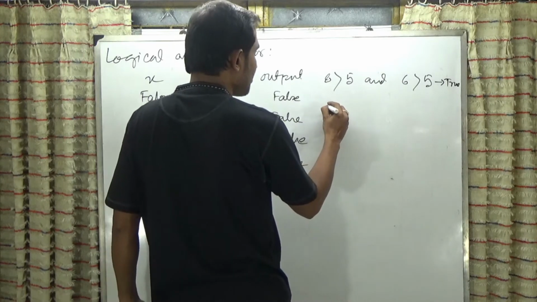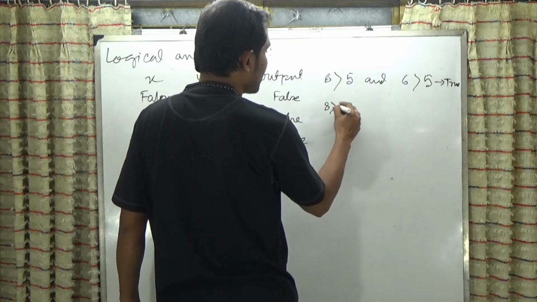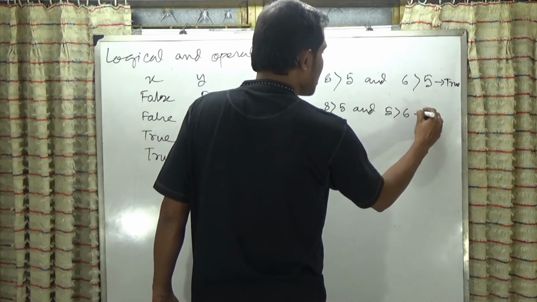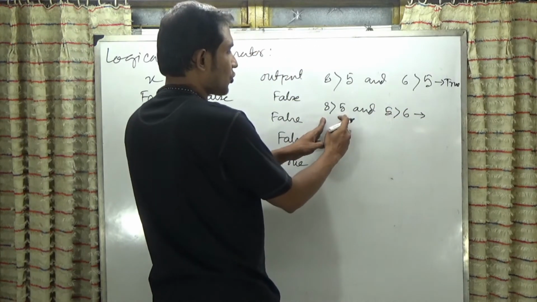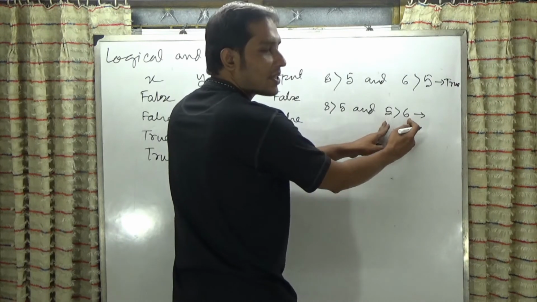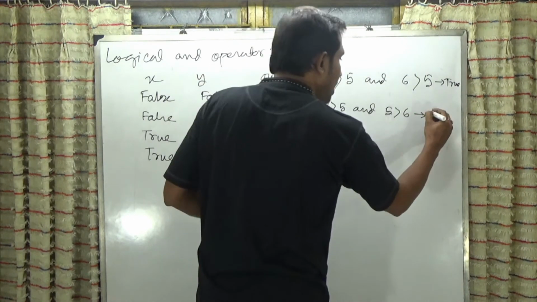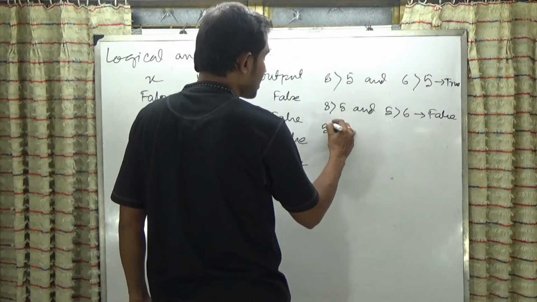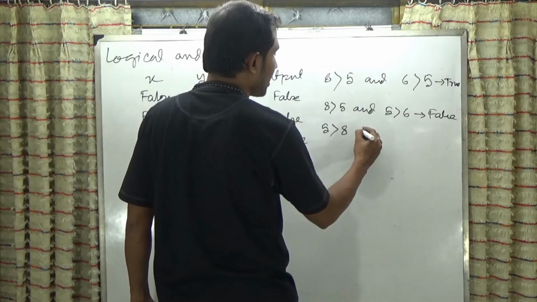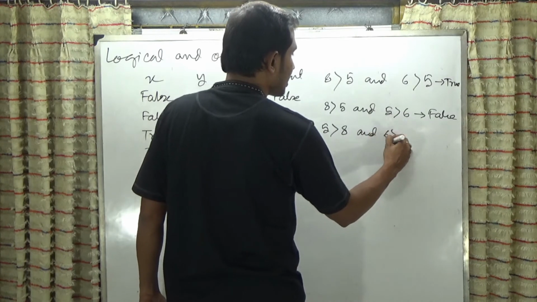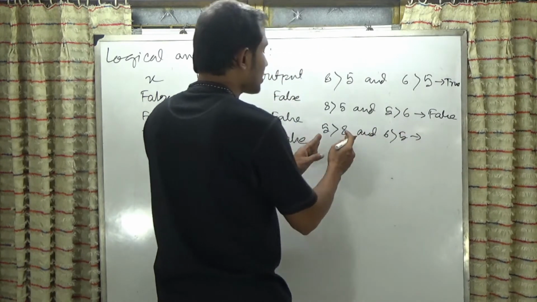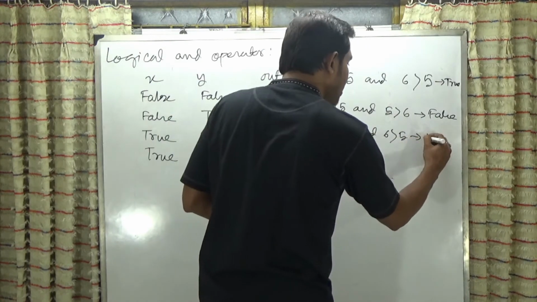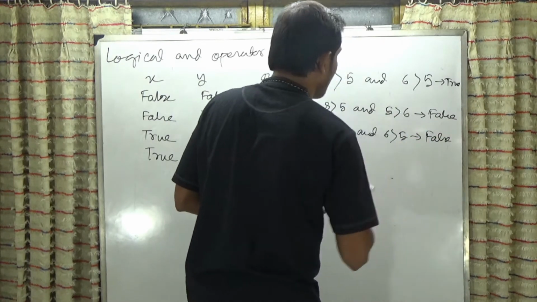Now if I write 8 greater than 5 and 5 greater than 6, the first condition is true but the second condition, 5 greater than 6, is false, so the output is false. Now the same thing: 5 greater than 8 and 6 greater than 5. The first condition is false but the second is true, yet it returns false.